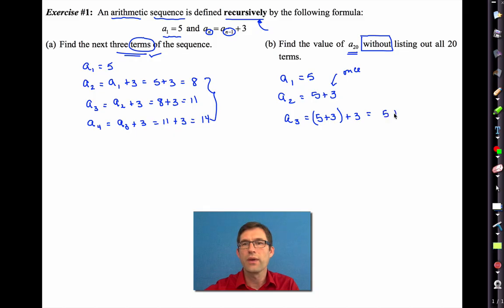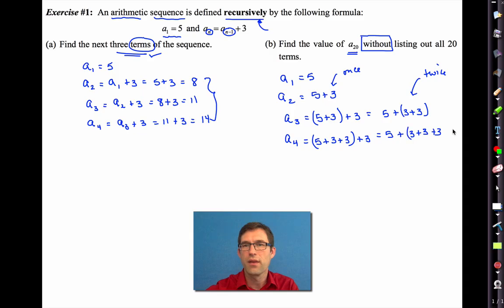In other words, we added 3 twice. One more and you'll see it. A4 was that 5 plus 3 plus 3 that we then added the 3 to again. So we added three 3s this time.